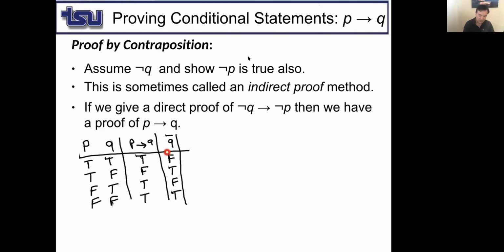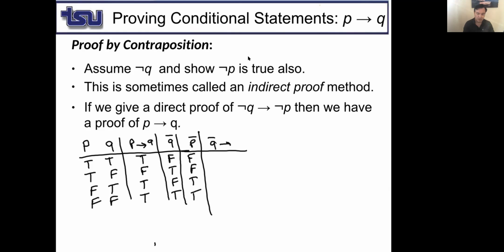That's the opposite of this column. And then we have not p. Not p will be the opposite of this column, which will be false, false, true, true.